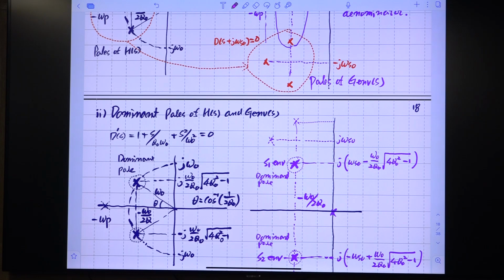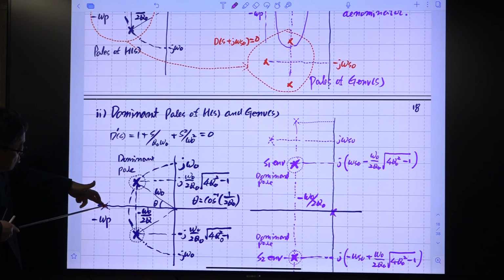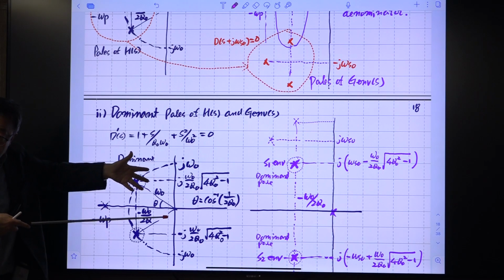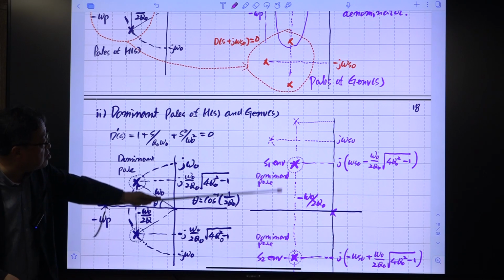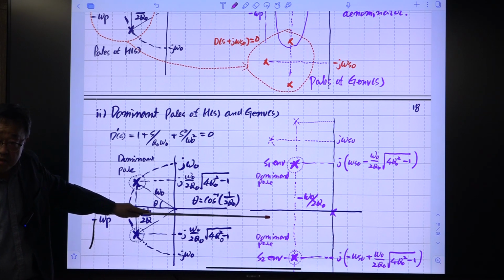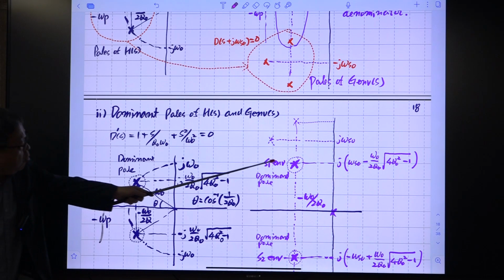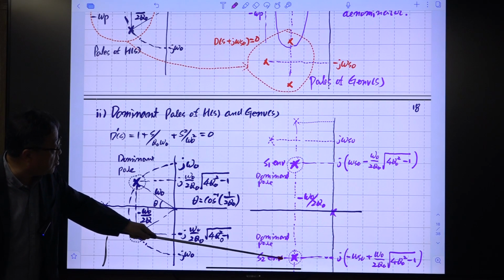So this is the location of this pole in H(s), which generates the dominant poles. There are only two poles, but they generate 4 poles, and 2 of them become dominant poles here. So we have 2 poles here, then 2 poles will appear here.